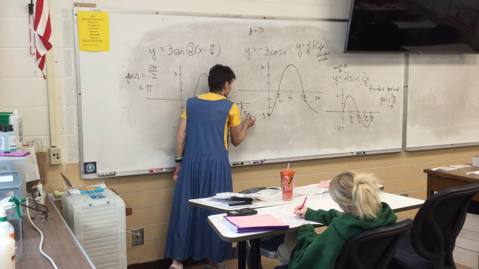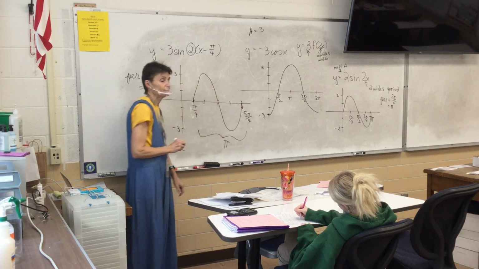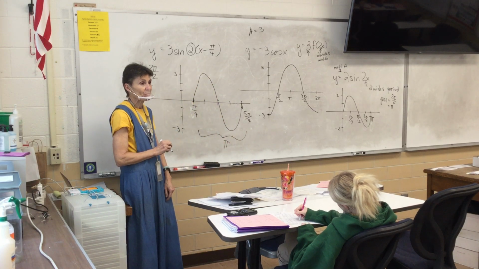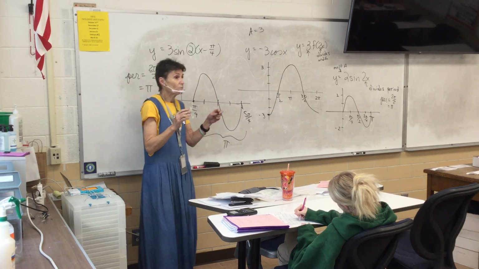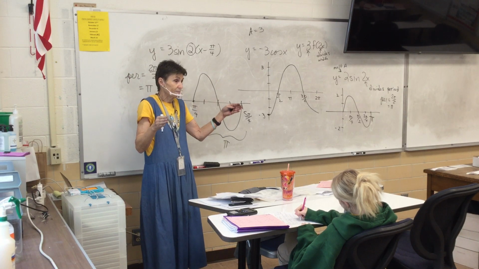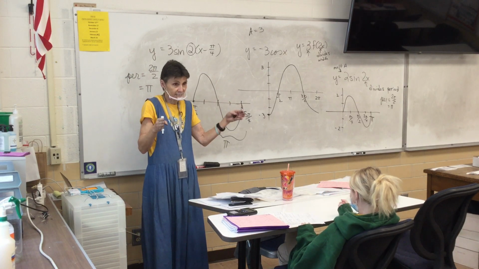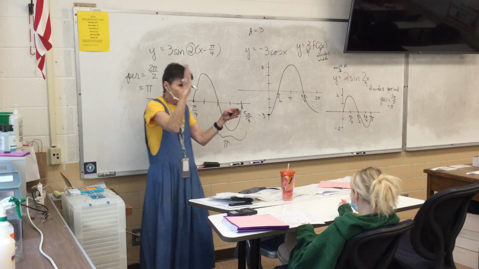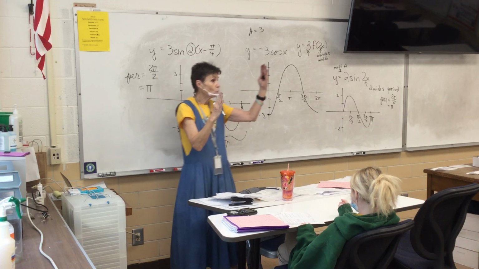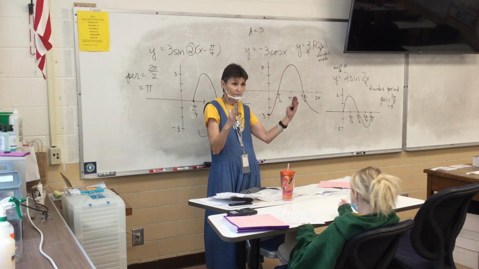So 5 pi over 4 is where I end up. Remember, period is a distance. It's not a label, it's a distance. So if you start at 1/4 and you travel 1, then you're going to end up at 1 1/4.